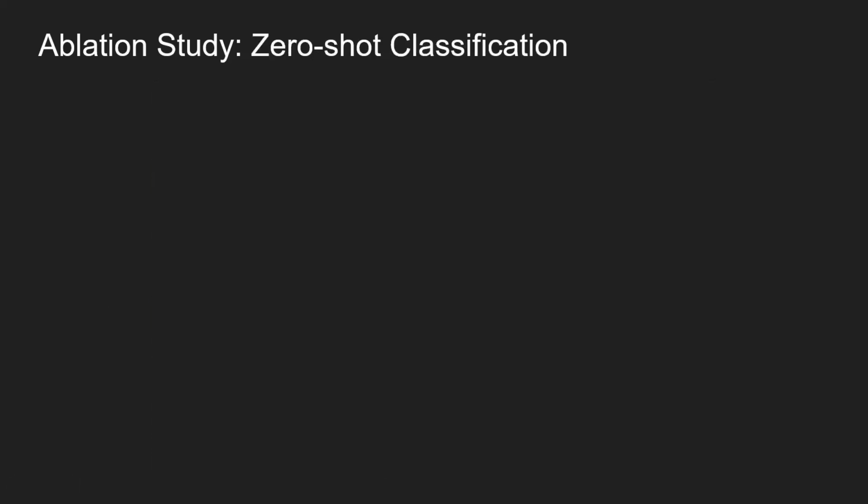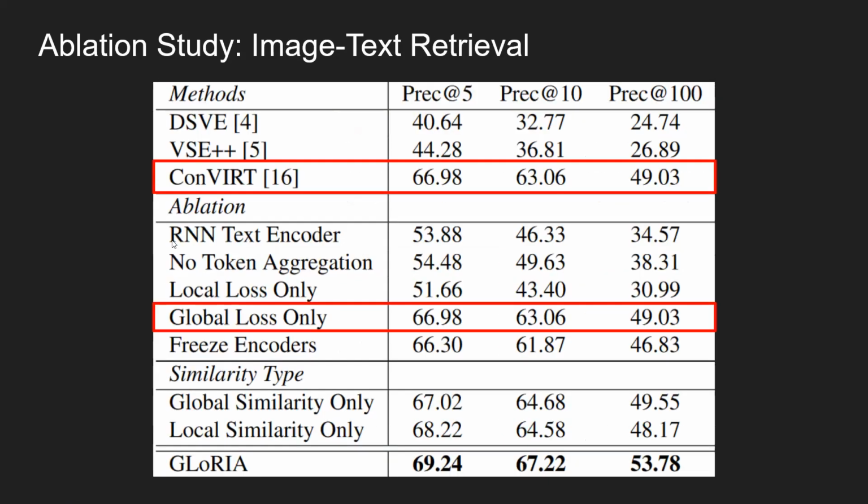Other than that, with an RNN text encoder instead of the BERT encoder, it performs quite a bit worse. Without token aggregation, it does lose quite a bit of its precision. The local loss only did perform worse in these cases, and using only the global similarity or local similarity did reduce the results by a fair amount.